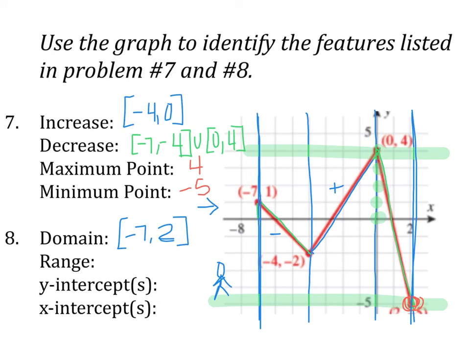And then the range, again, you've already kind of figured that out when you looked at the maximum and the minimum, where the green highlighter is. So the range is from bottom to top. All right, so bottom to top, you're looking at the bottom value being -5, comma, and the top y value being +4.